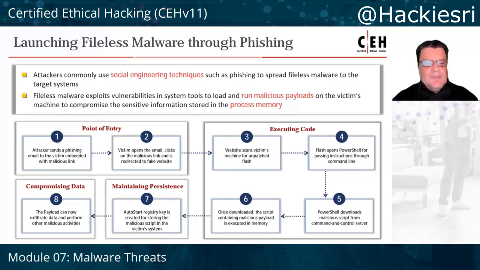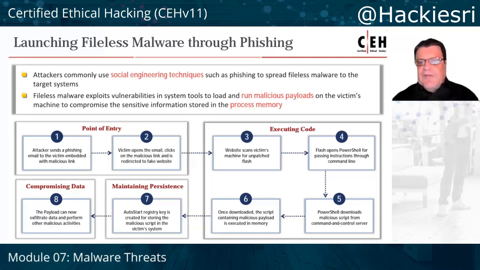Typical things are something confidential. Frequently it will be an email allegedly containing a table of in-house information on salaries and promotions. 2, the victim opens the email because they are curious about such things, clicks on the malicious link, and is redirected to the fake website at this point.